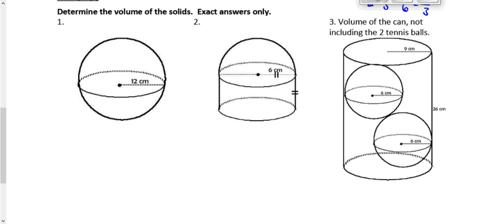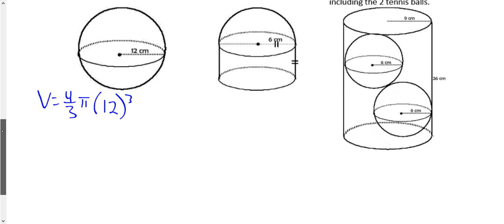What do we get for number 1? They give you the radius, so volume is 4/3 pi times 12 cubed. It's going to be a pretty big number, right?